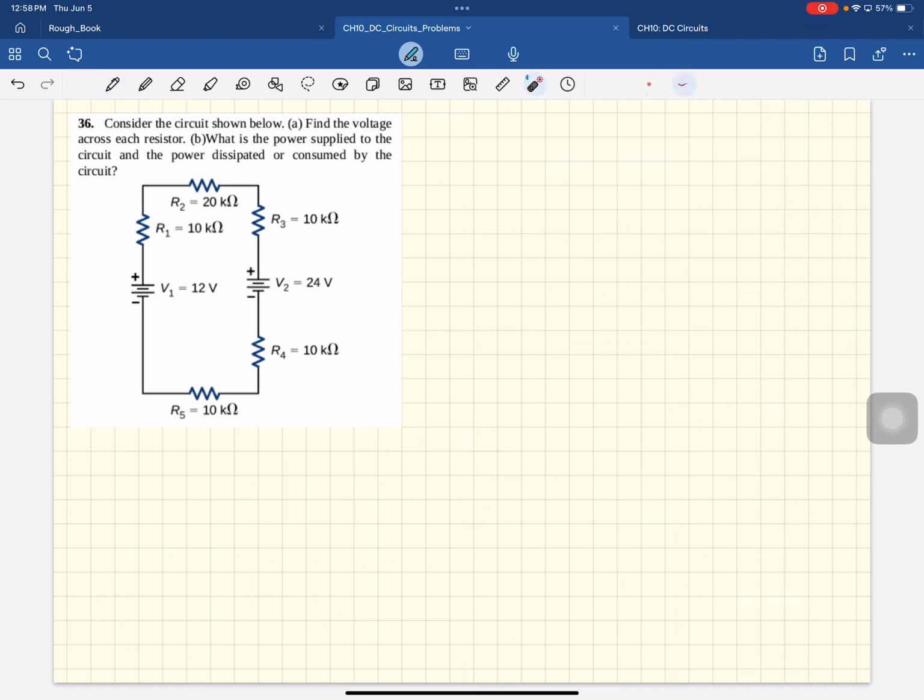So here's the circuit shown. Now, here's multiple sources, but they're in the same loop. So effectively, what this acts as is, see, this is a 12 volt battery, this is a 24 volt battery. So effectively, it's 12 volts in this direction. Okay. But we're going to use Kirchhoff's laws to solve it. Before we do that, what is happening?